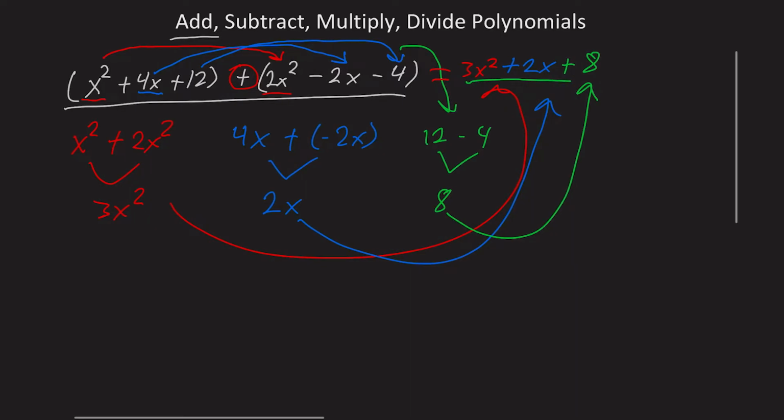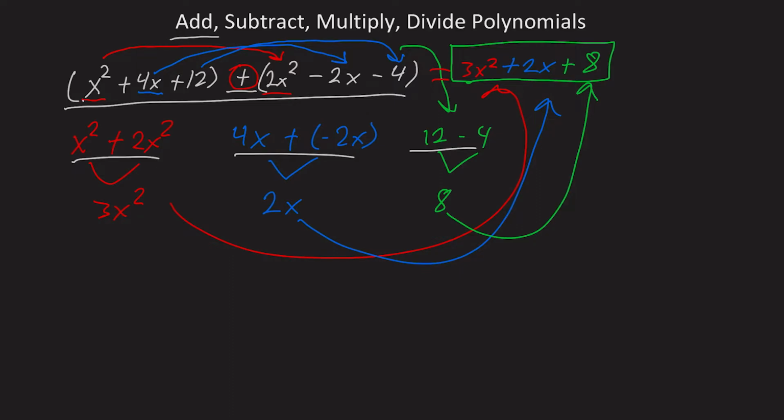That is our final answer. So that's the general theme of what's going on here: we need to pair up everything that has the same relationship to x, and we only execute the operator on those pairs, as you have seen me demonstrate.